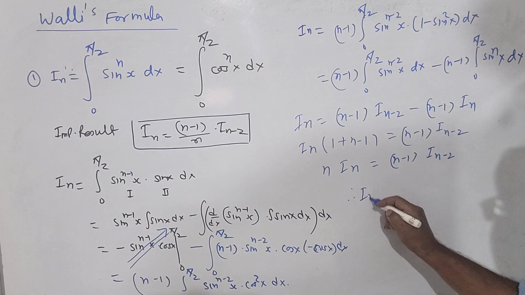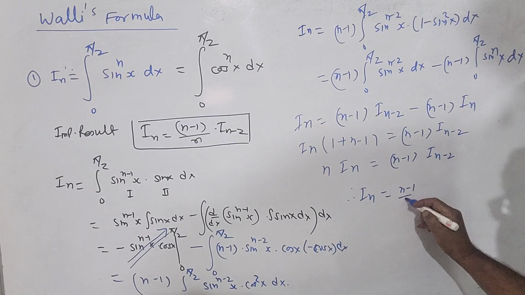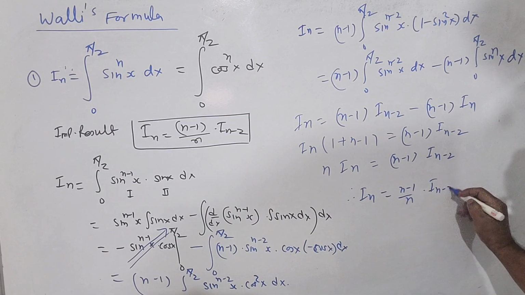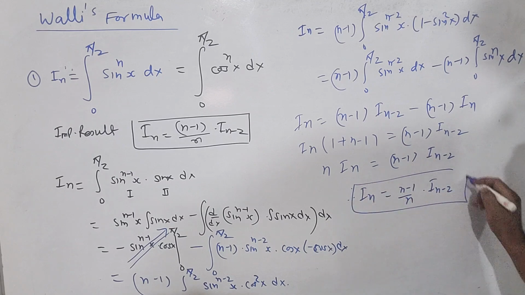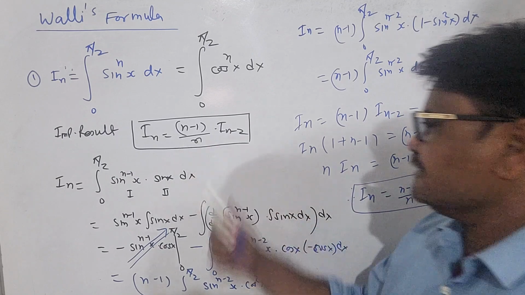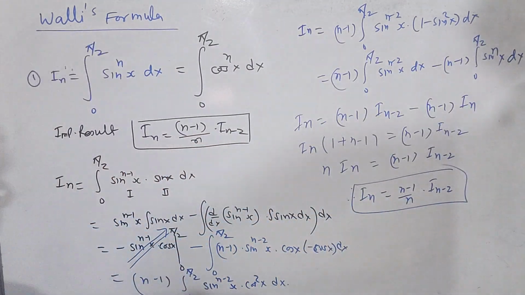Therefore In equal to n minus 1 by n into I(n minus 2). So this is your formula, In equal to n minus 1 by n into I(n minus 2). That is the proof. Now, okay, this is over.